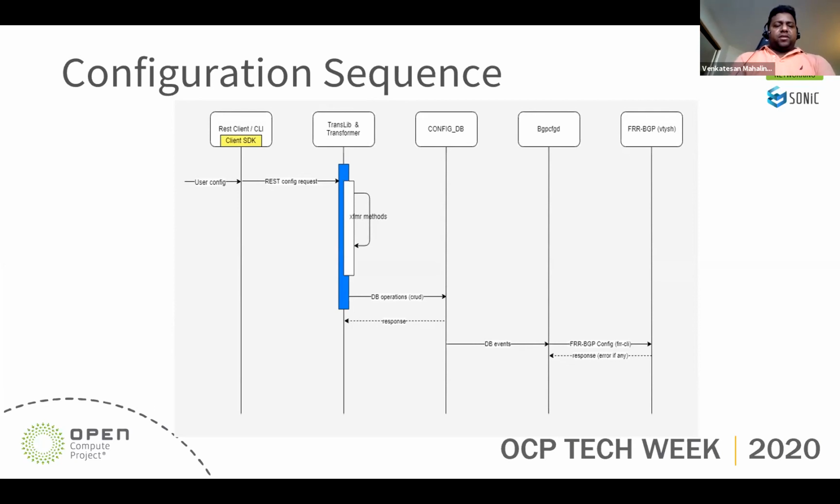So in the configuration sequence, we have the user config. The northbound user could be from CLI, REST, or gNMI. So we would be getting the REST config request in the backend. As I mentioned, there would be the transformer methods doing various validations, and before pushing it to the config DB, we would be doing additional checks based on the SONiC Yang.